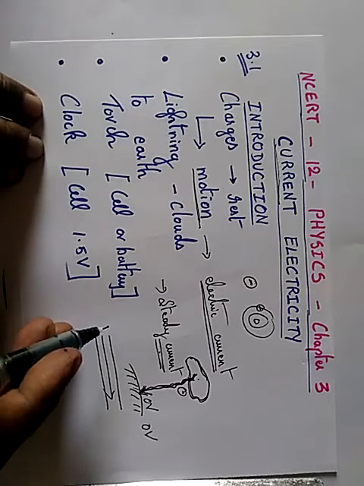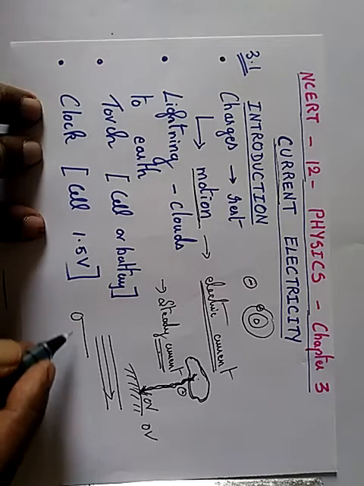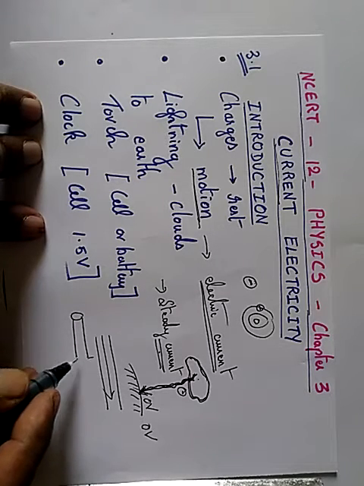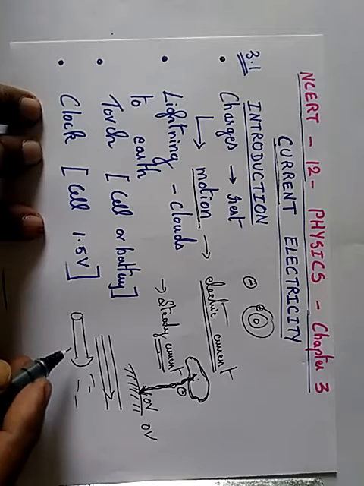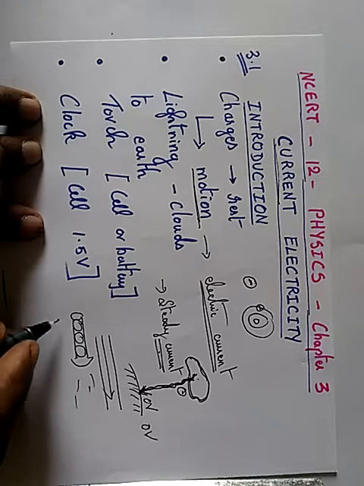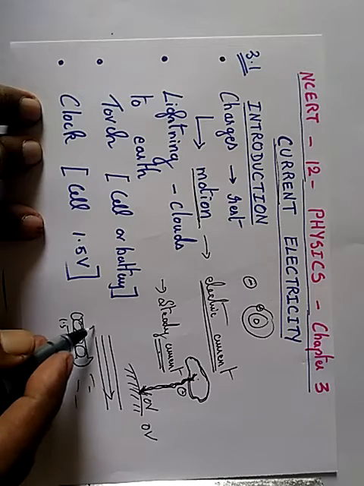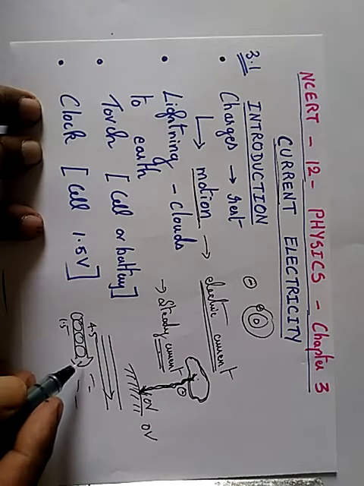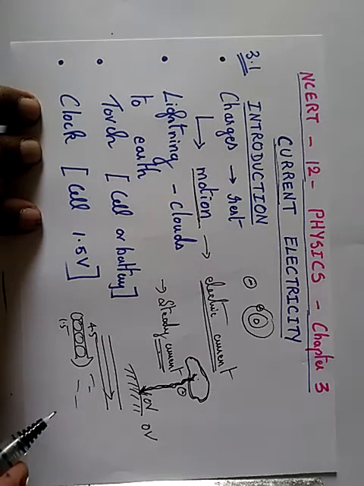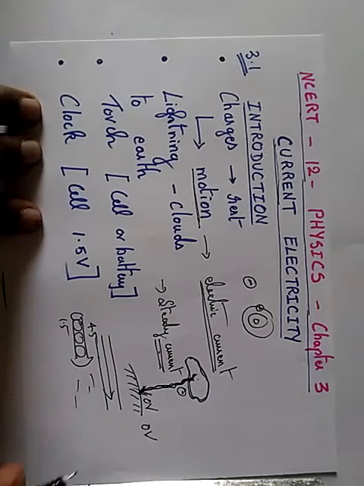Similarly, you can have a torch. It may contain one cell or sometimes 3 cells. Each cell has 1.5 volts, so 4.5 volts like that. Some torchlights have 3 volts or even a single cell. In that case, the lamp is the load.